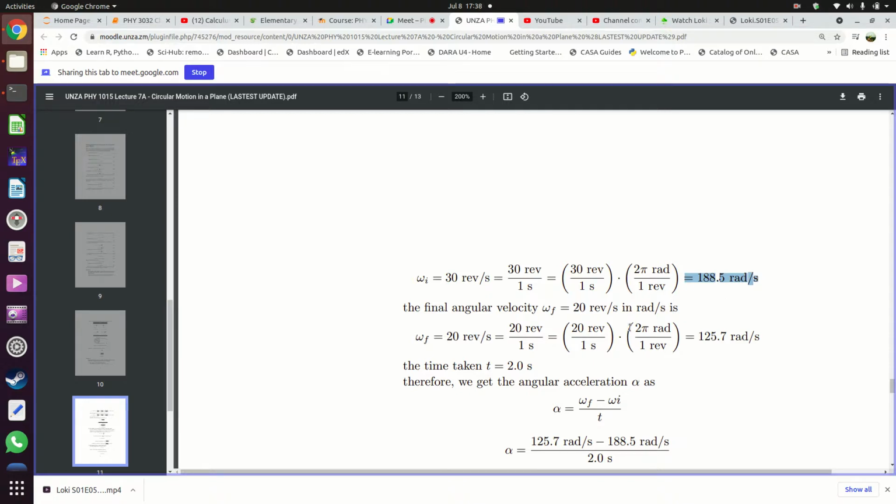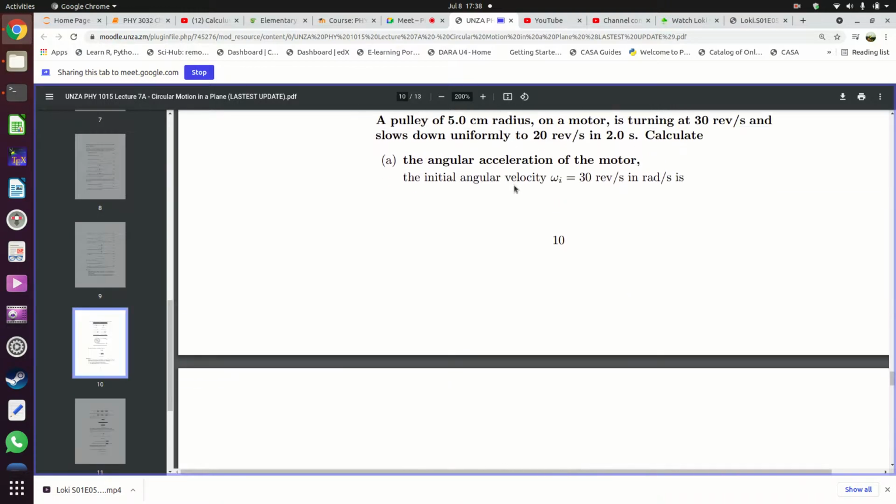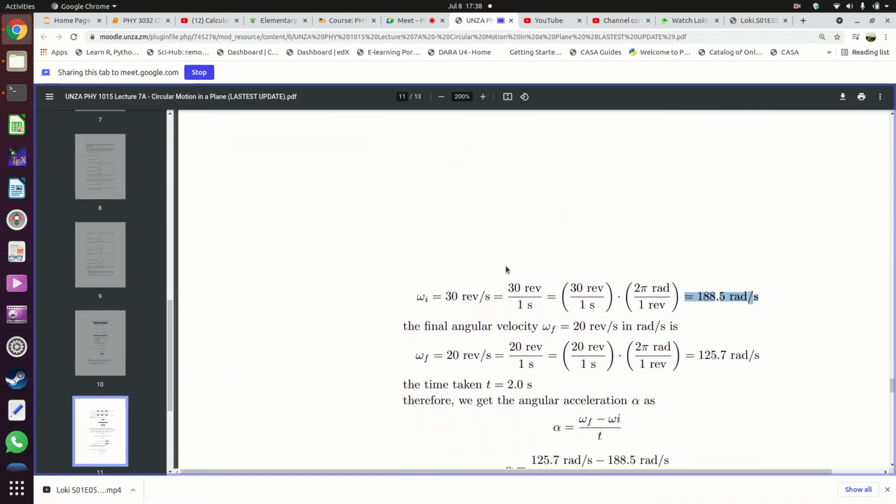Yes, sir. Next, it slows down to 20 revolutions per second. So again, we need to change this final angular velocity, the omega f of 20 revolutions per second, into radians per second. So omega f is 20 revolutions per second, equal to 20 revolutions divided by 1 second multiplied by 2 pi radians divided by 1 revolution.